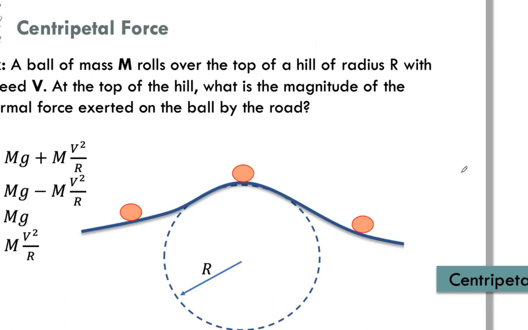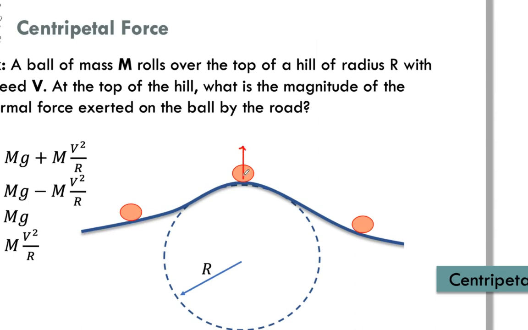Okay, so let's say that a ball of mass m rolls over the top of a hill of radius r with a speed of v. At the top of the hill, what is the magnitude of the normal force exerted on the ball by the road? Our first step here, we want to draw a free body diagram for our ball.